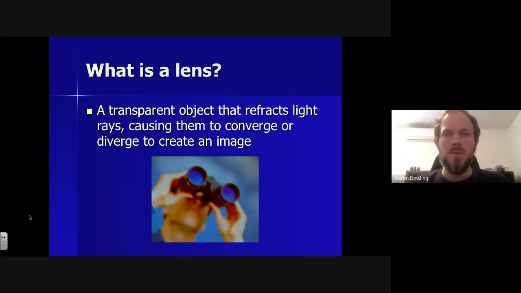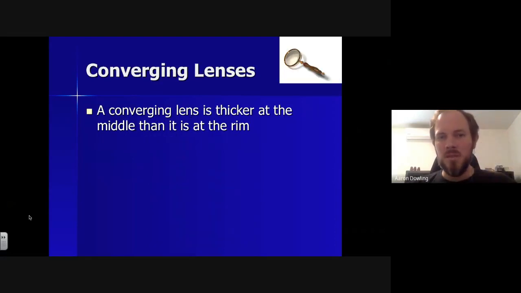Every time you focus on something close, not only do you move your eyes a little bit inward, but you actually distort the lens in your eye. And you're doing it with muscles inside your eyeballs, completely unaware that you're doing it. But if you pay enough attention when you're going from something close to something far away, you can feel the muscles move. So those lenses are really important for how we can focus light.